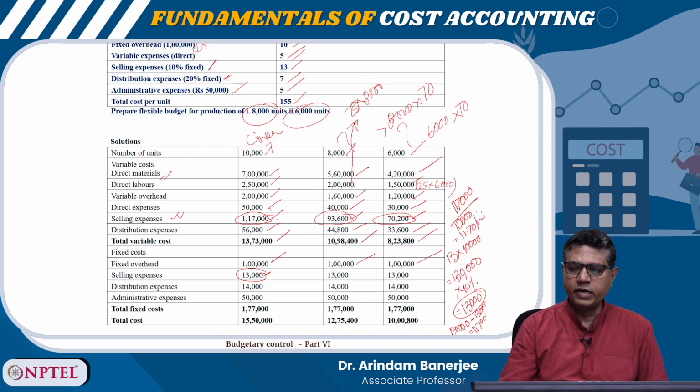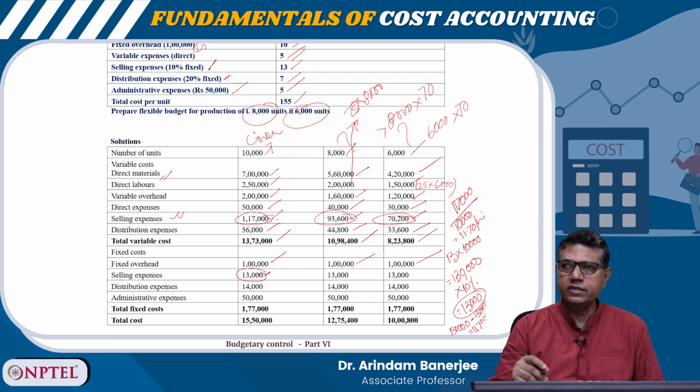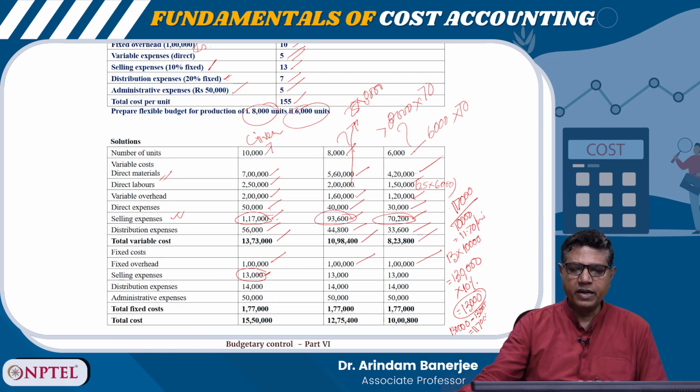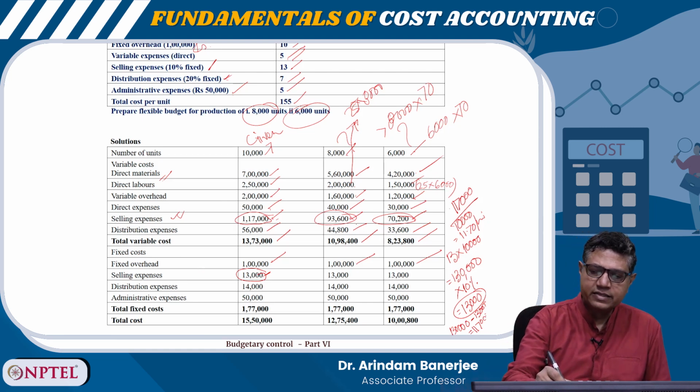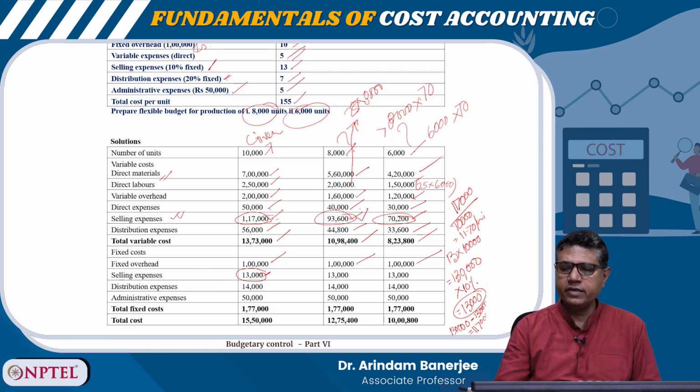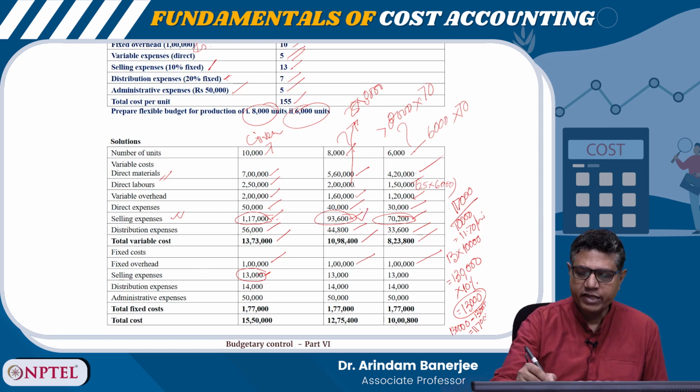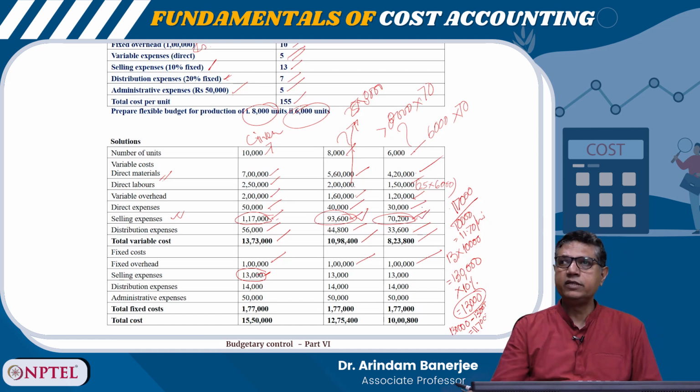If you multiply this 11.70 into 8,000, you should get 93,600. And if you multiply 11.70 with 6,000, you should get 70,200.